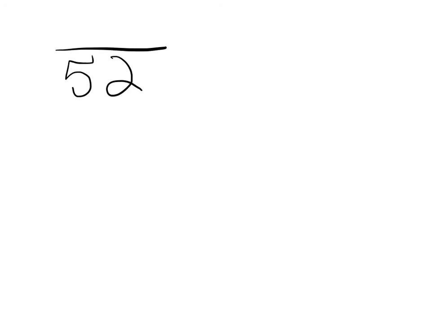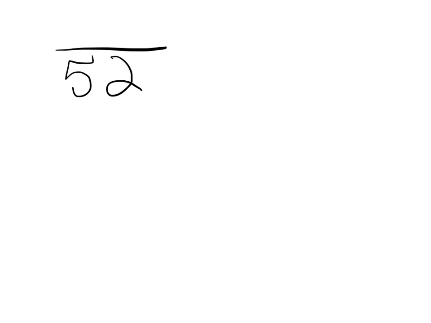Okay, so we need to work backwards. So 12%, is that a lot? Is that more than half? No. Is it even close to half? No. So it couldn't be 24. That's out. It could be the 16 or it could be the 12.